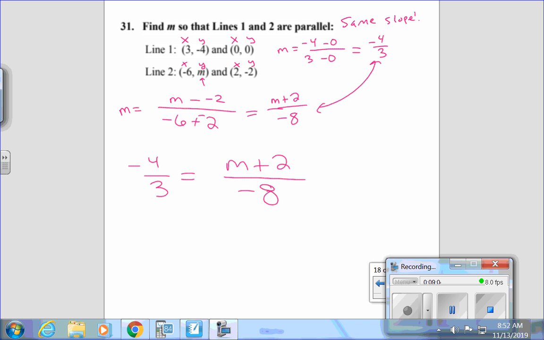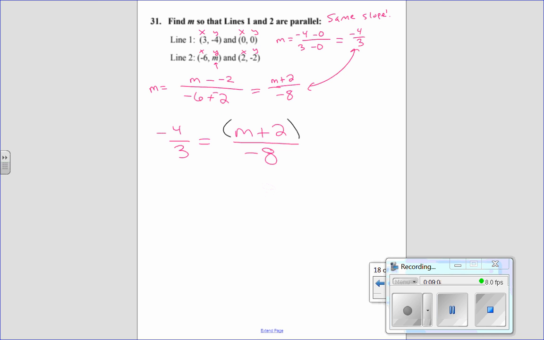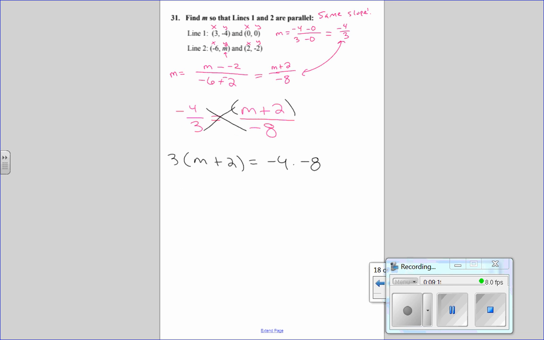So I'm about to solve this proportion. One thing I do need to do is group my m plus 2 like so. Proportions, you do cross multiplication. So 3 times m plus 2 equals negative 4 times negative 8. We did this back in chapter 2, I think. Maybe chapter 1. What's negative 4 times negative 8?